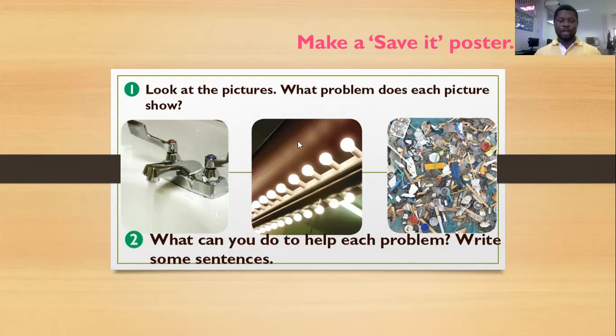Now, how can we solve these problems? Do you have any ideas? Okay, let's start. Problem number 1. According to you, how do you think we can solve this problem? To solve problem number 1, we are going to do what?